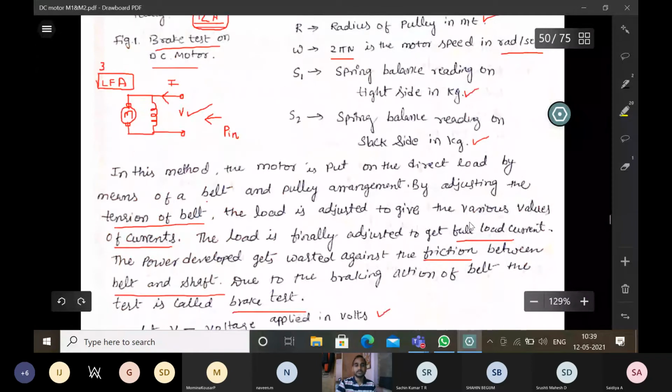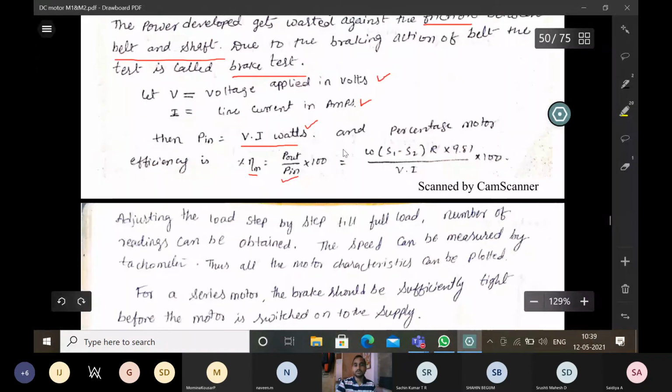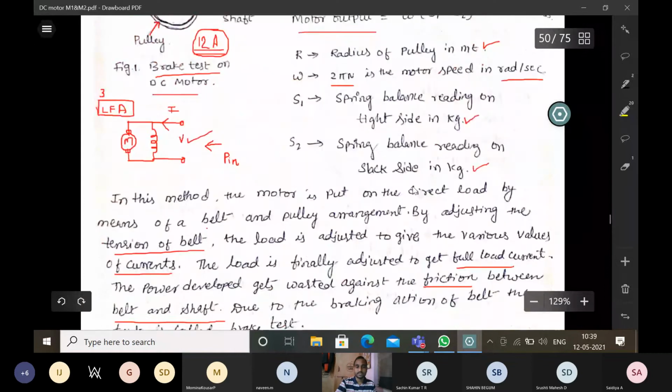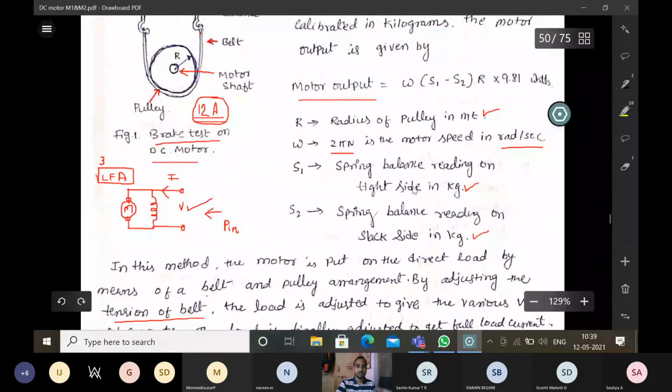So P out is equal to omega (S1 minus S2) R into 9.81, divided by P in, which is V into I watts. If you want percentage, multiply by 100. This is the procedure for doing the brake test on the DC shunt motor.